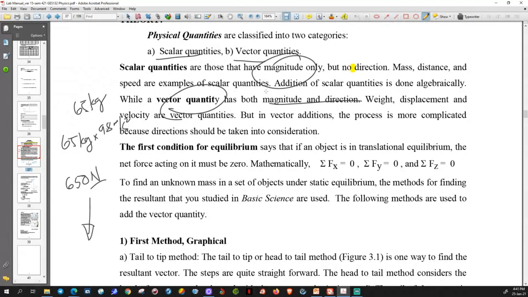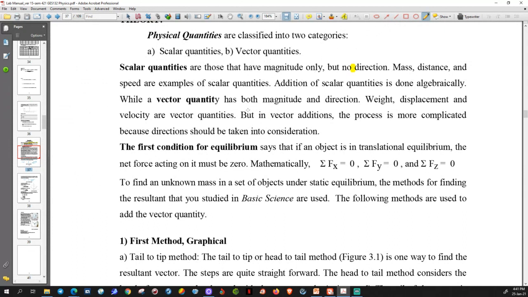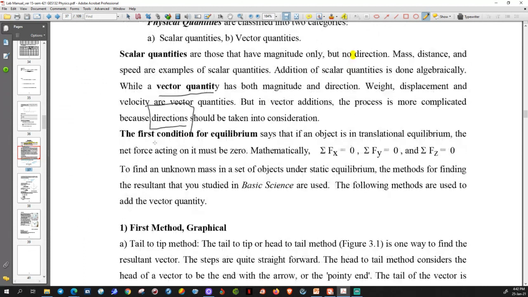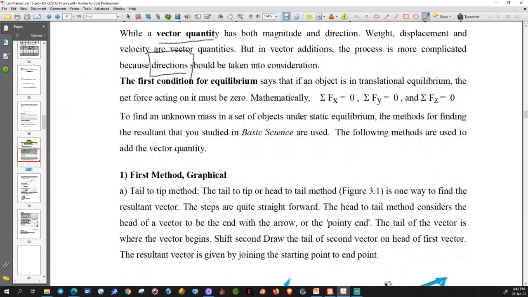What makes this important is that when you add vector quantities as opposed to scalar quantities, you have to add both the magnitude and the direction, and it gives a different result. For example, scalar addition: 1 plus 1 equals 2.